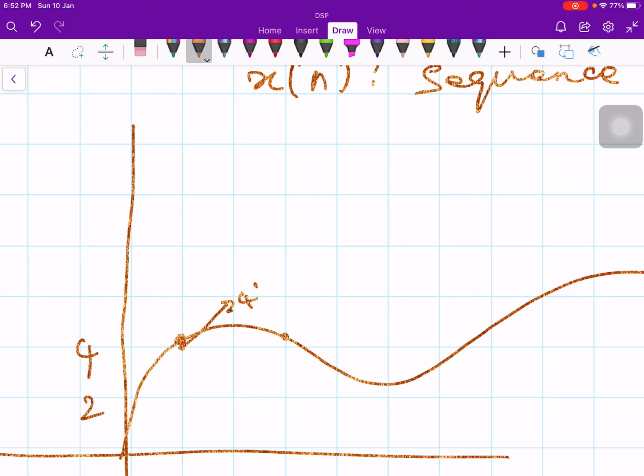You take another sample, again rounded off to this value, so again this is 4. You take another sample here, rounded off to this value, which corresponds to 2. You take one sample here, rounded to this point, so this again is 4. You take one more sample, and here let's say this point is 6.